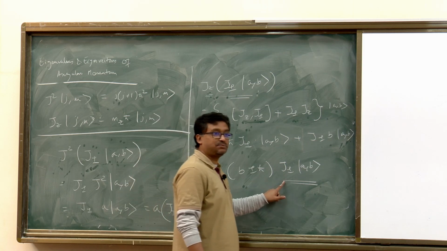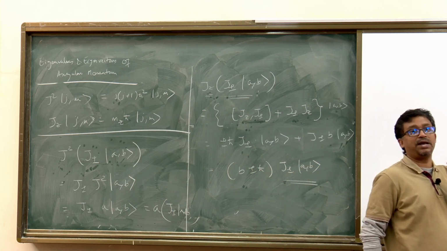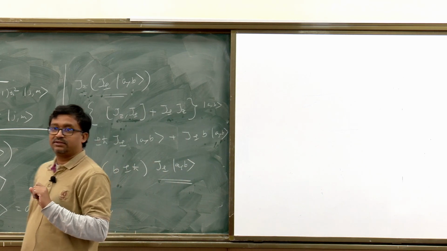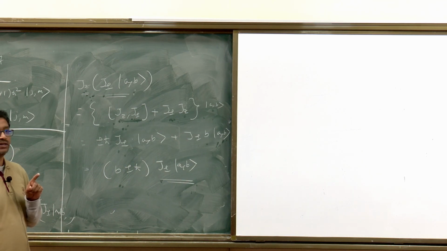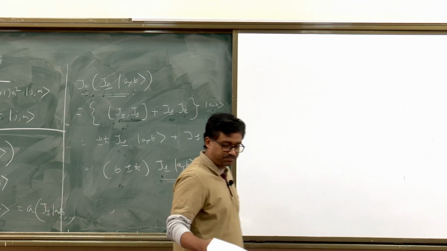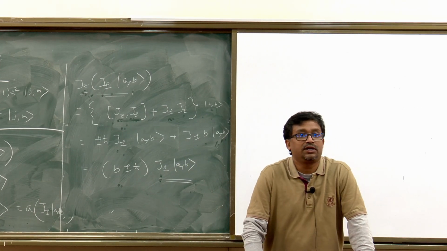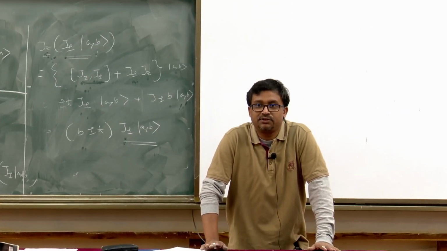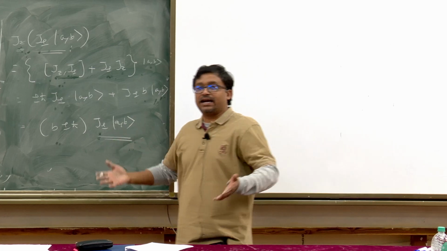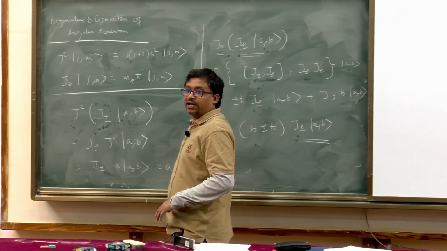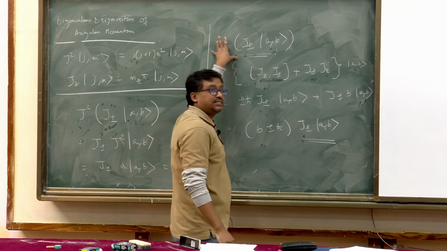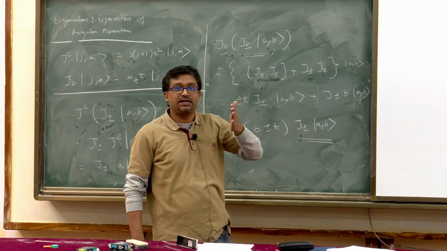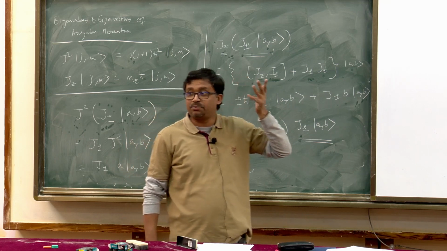So the effect of J plus minus is actually to change B by units of h bar. Am I clear on this? Previously we figured out that J square has no effect; we got the same eigenvalue. Now we generated another ket, J plus minus operating on AB, and used the Jz operator on that ket. We get an eigenvalue that is less than or greater than B by h bar.